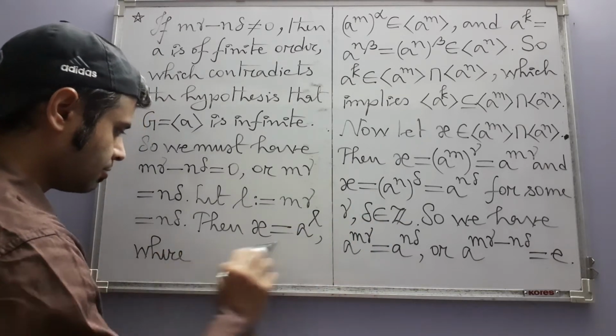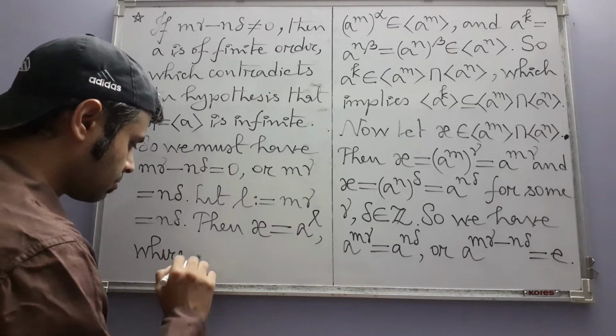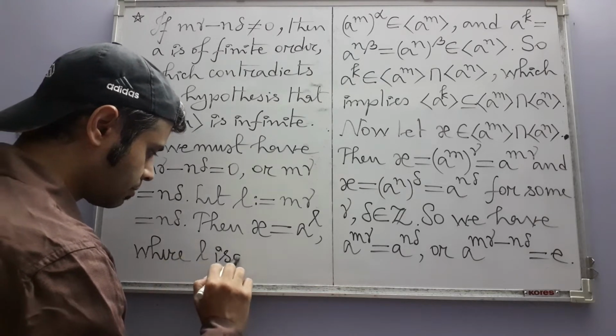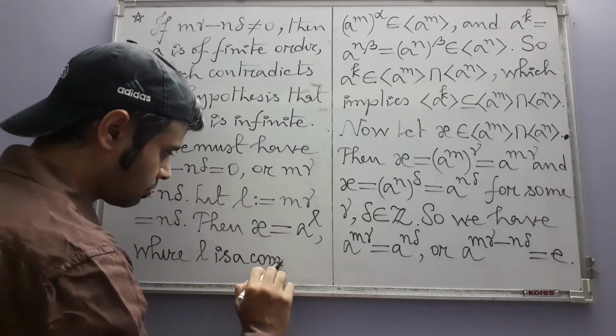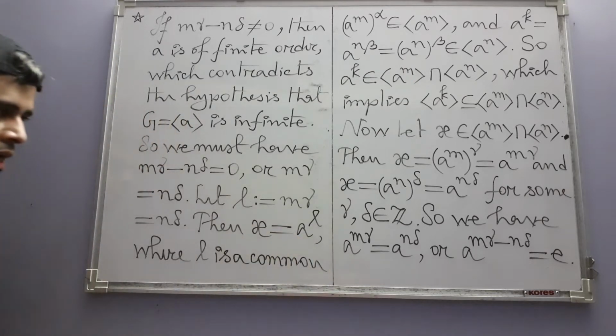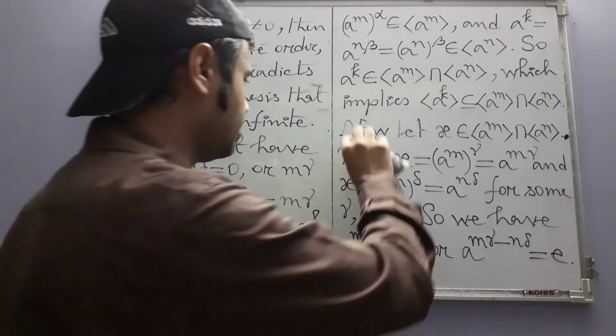We are going to write that now in words, where L is a common multiple of m and n.